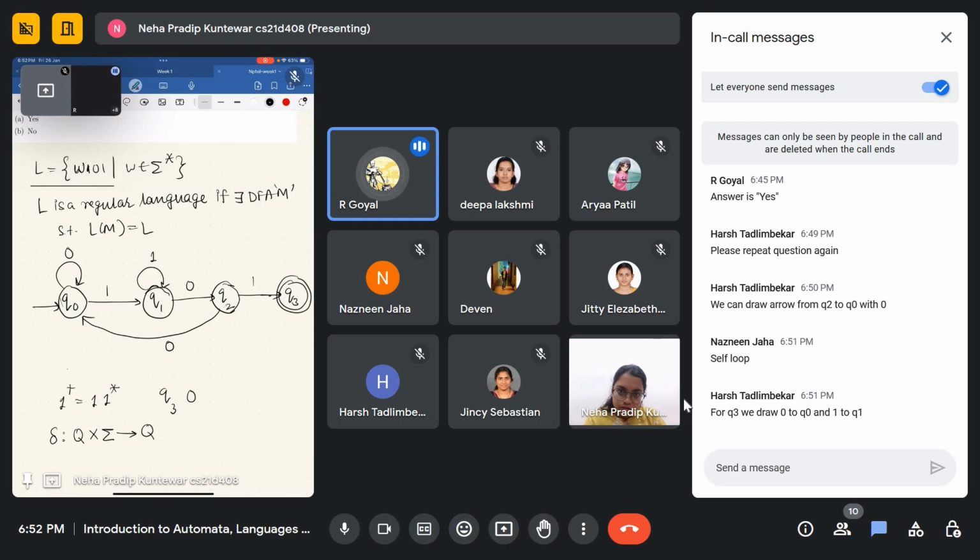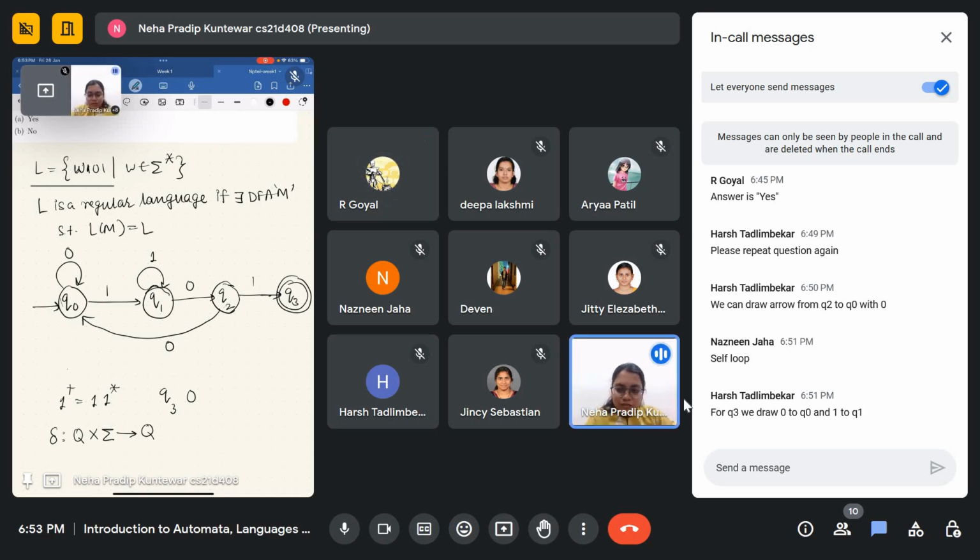Even if we do not define a transition, it could be implicitly assumed that we are making a transition to a dead state or sink state, so it need not be shown explicitly. The only thing is that the system has to be deterministic, wherein we don't have options or choices available.